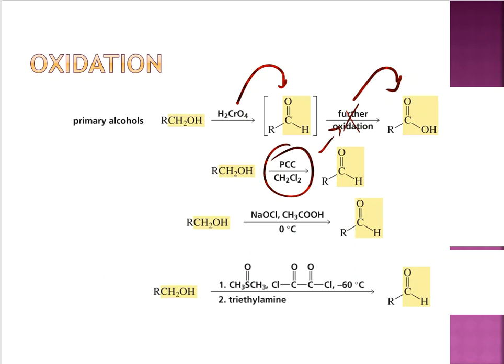If you don't like chromic acid because that is a health hazard and an environmental hazard, then we can use things like glacial acetic acid and a little bit of bleach. That does the same thing as PCC does, and this allows oxidation to take place, and it does not go any further after that first step. Then we talked about the Swern reaction.